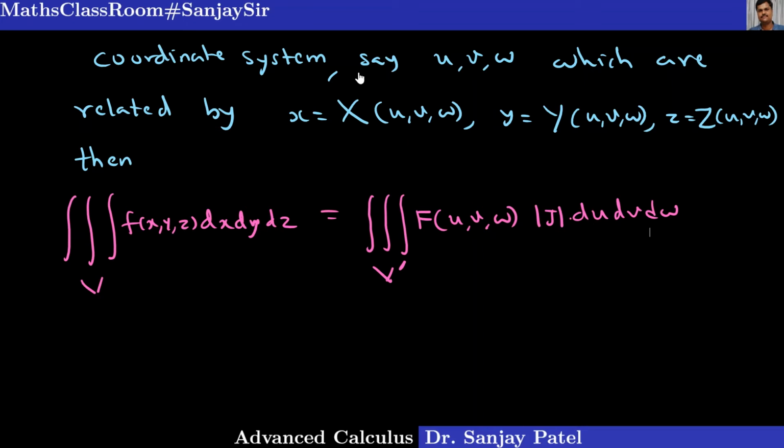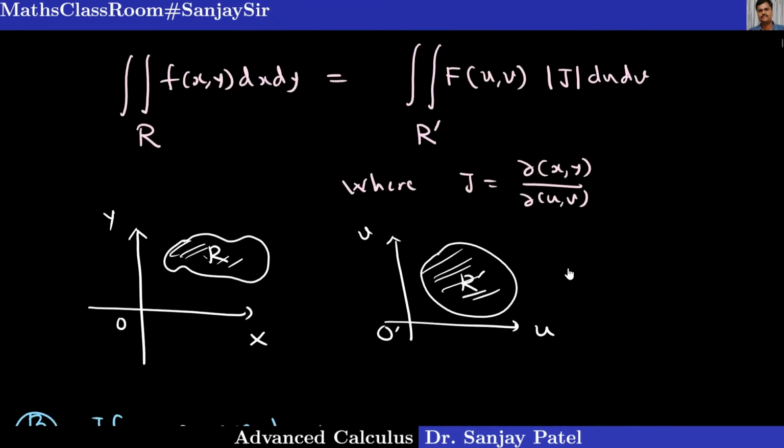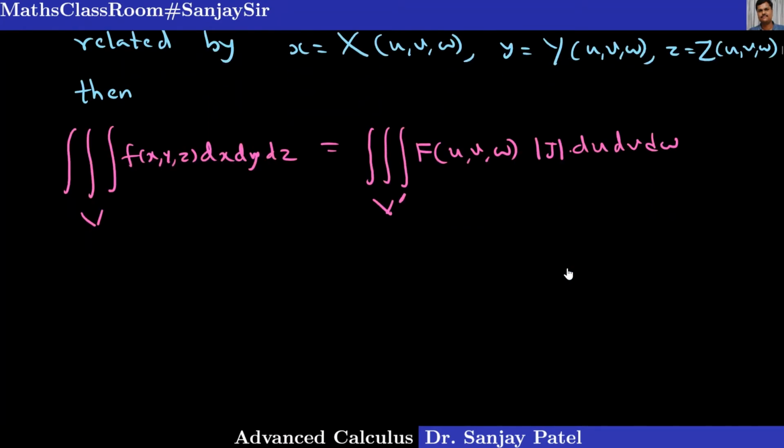So you can transform the triple integral in the Cartesian coordinate system to the cylindrical coordinate system or to the spherical coordinate system. Let us derive the formula for the known coordinate systems so that we can keep it handy for applying in our problems. So let me derive some simple formulas.